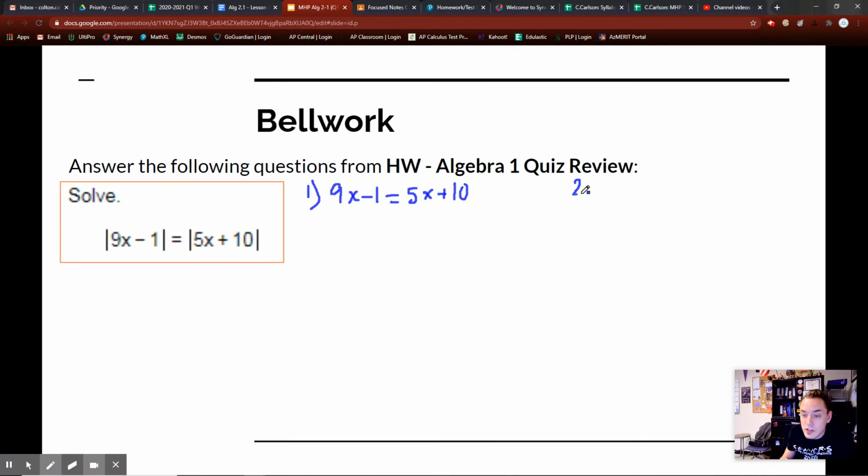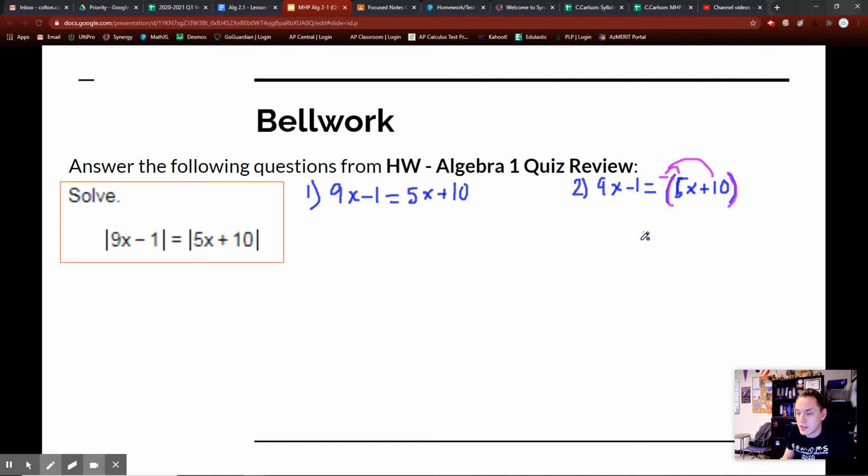The second equation is similar, except there are no absolute value bars, but I also need to include a negative here. Now notice I'm using parentheses because that negative has to be distributed to both of those terms inside the parentheses. So again, think of it like an understood one.